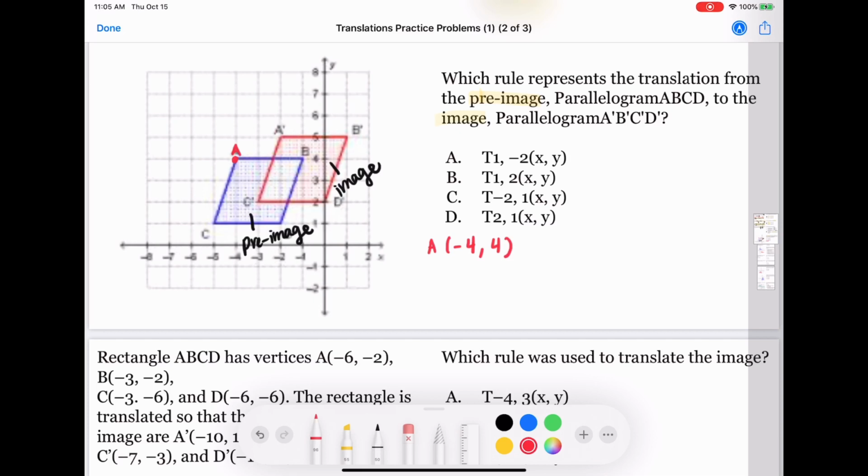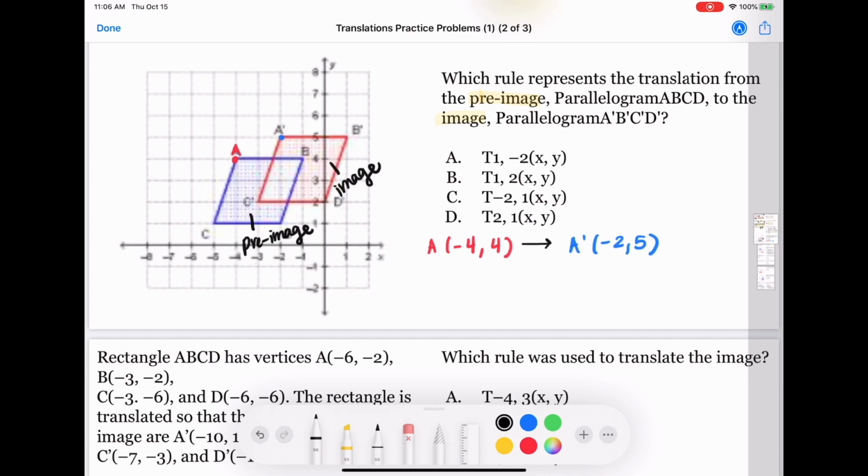And then let's locate vertex A' on the image. We can see that A' is located at -2 and 5.